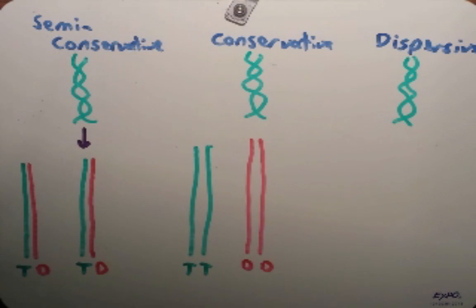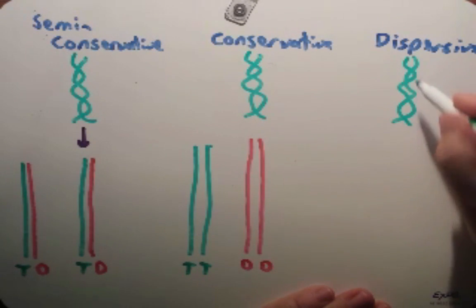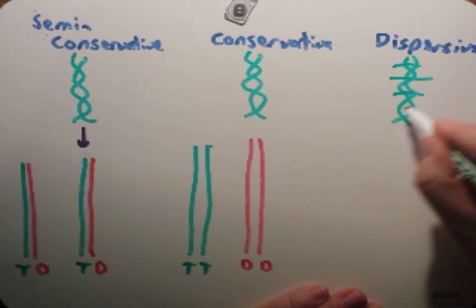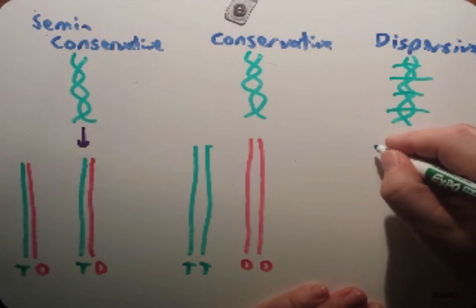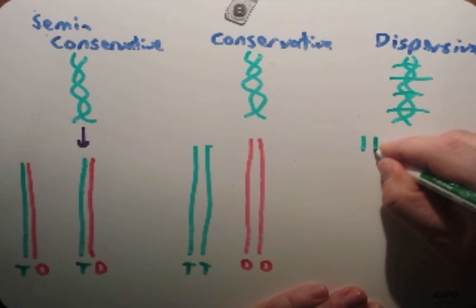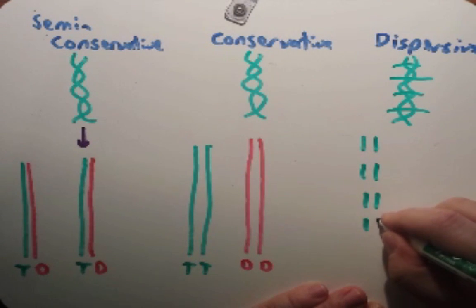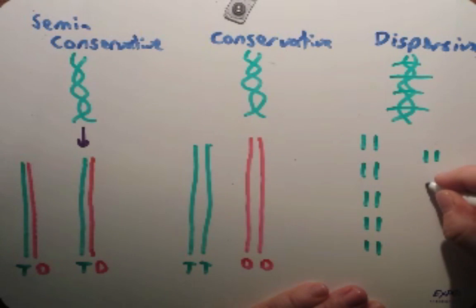The dispersive is kind of interesting. And essentially what the dispersive says is that we're going to chop up the double helix and then use it as a model, as a template. And then once it's chopped up, it'll be reunited with new pieces of DNA.